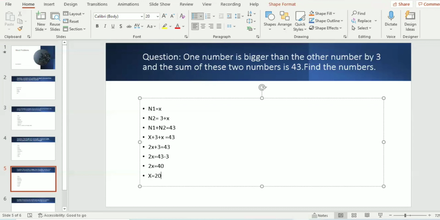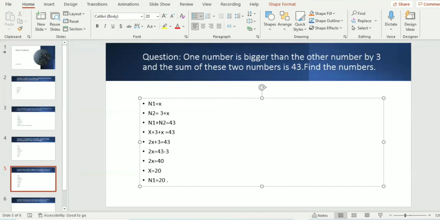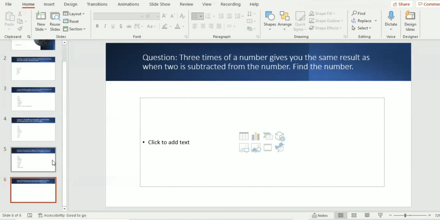So if x is equal to 20 and x is equal to n1, then n2 is equal to x plus 3. n1 is equal to 20 and n2 is equal to 23. This is our answer of the required question.